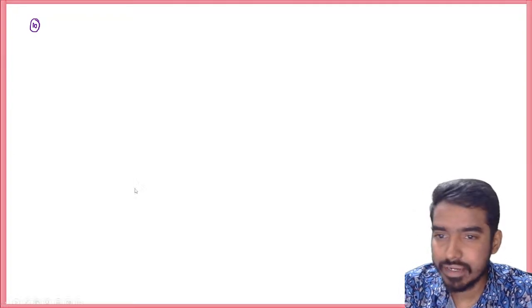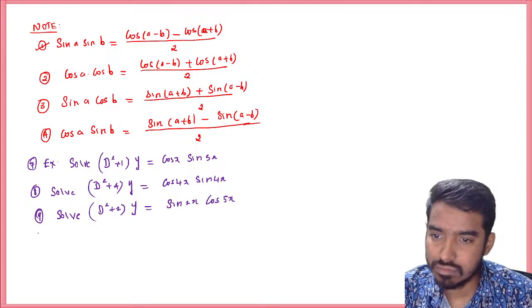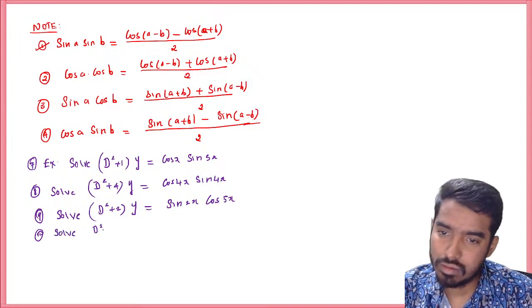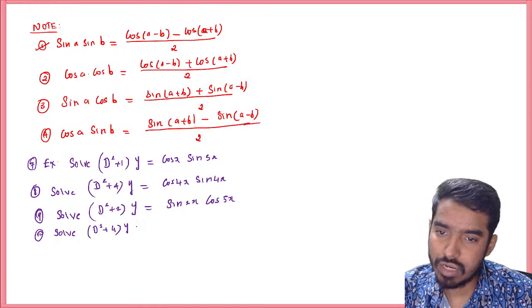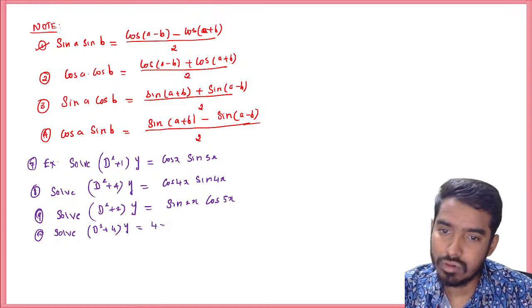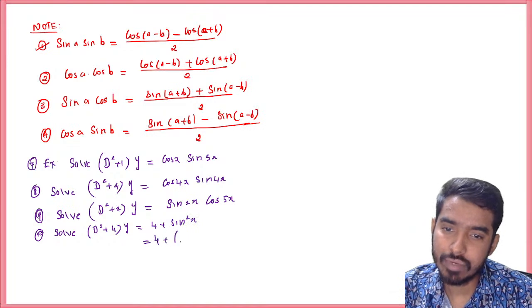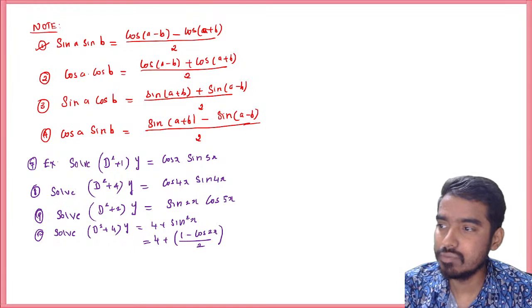Okay, 10th also you can take as an exercise. All b square plus 4 of y is equal to 4 plus sine square x, right? So you can put sine square x as 1 minus cos 2x by 2, right?